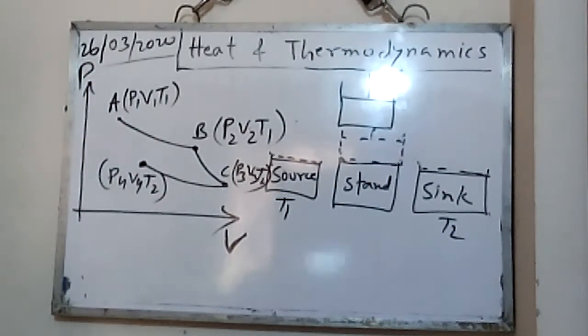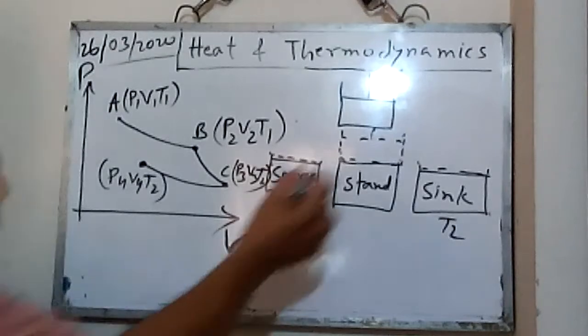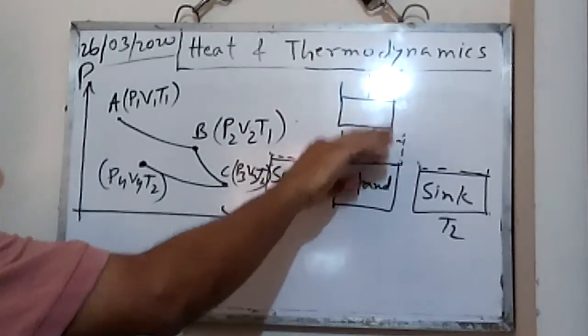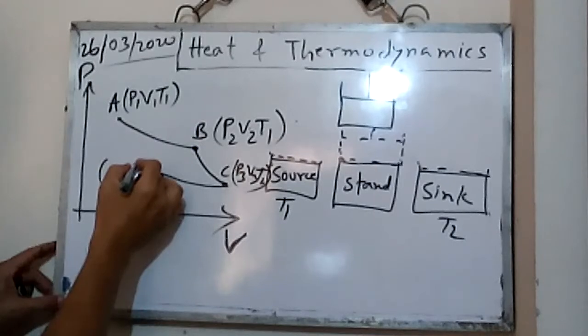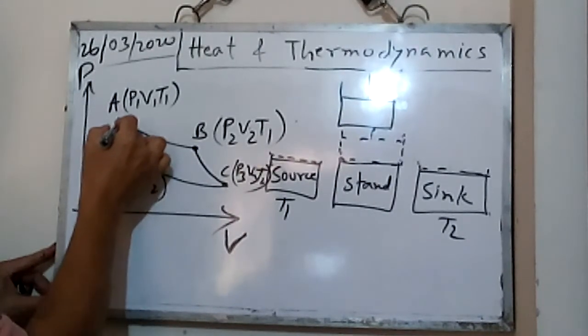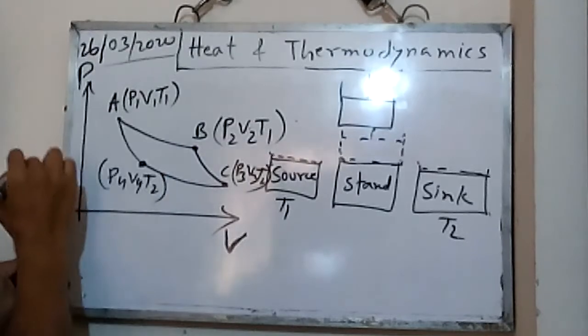Therefore, the gas is compressed adiabatically until its temperature rises to T1. Its pressure and volume become P1 and V1. Here the compression is going on, then pressure will rise, volume will decrease and temperature will rise.